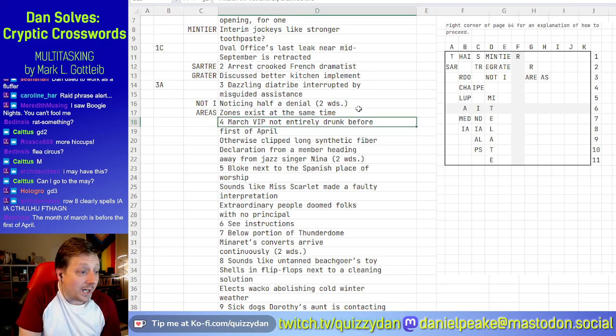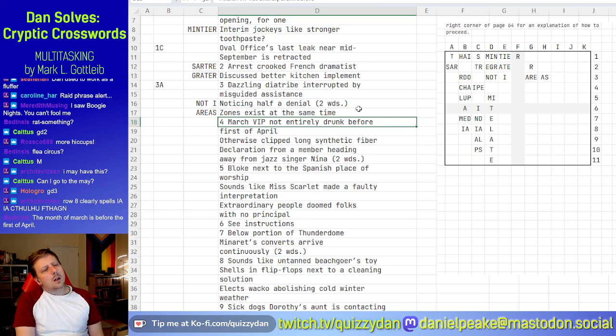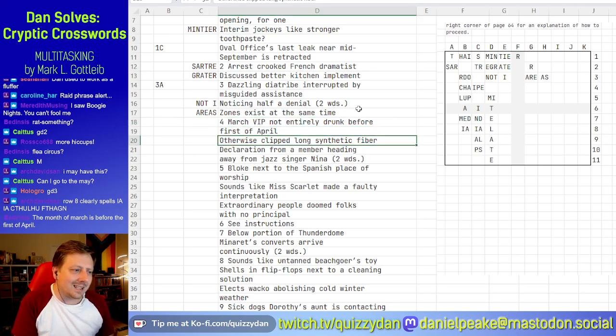VIP, maybe big wig. Not entirely drunk. So sort of a VIP could be like bigwig or a honcho or something like that. Take off the last letter and then you get a drunk. So say sot and then the 1st of April A, but then to March ending in A, don't know what's going on.